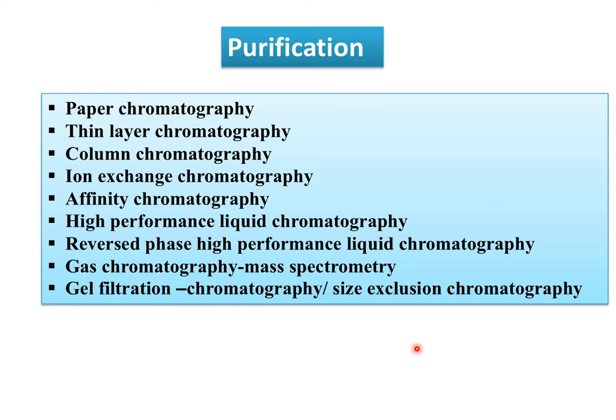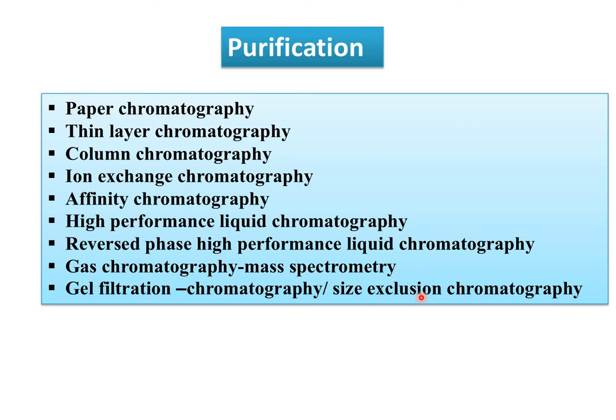Now purification of the product. For the purification of the product, different chromatography techniques are used, like paper chromatography, thin layer chromatography, column chromatography, ion exchange chromatography, affinity chromatography, high performance liquid chromatography, reverse phase high performance liquid chromatography, gas chromatography or mass spectrometry, and gel filtration chromatography, or we can say size exclusion chromatography.